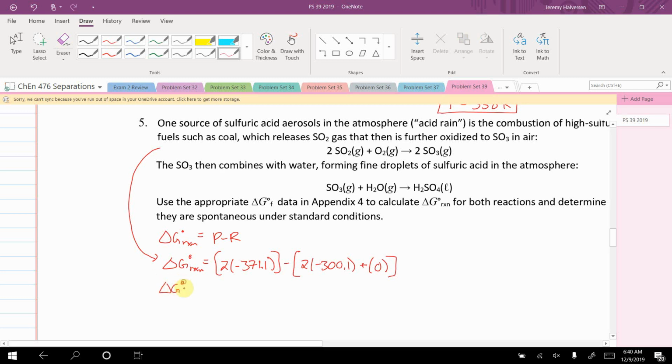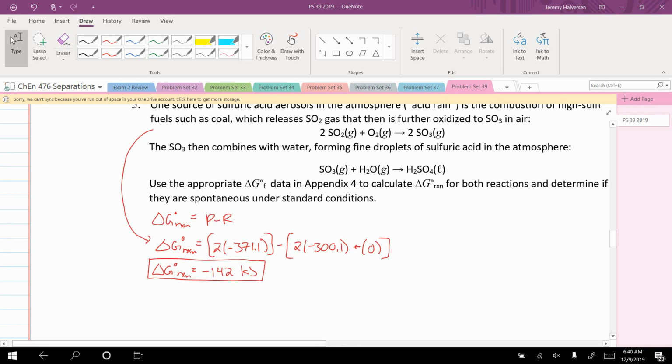So for the first one, delta G naught of the reaction is going to equal negative 142. That looks like it's in kilojoules. And the second one looks like... all right, the second one, oh well, I guess this first one would be spontaneous because it's negative.